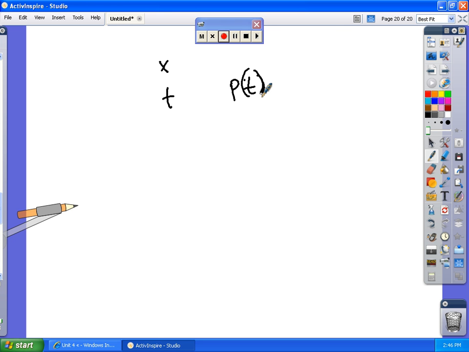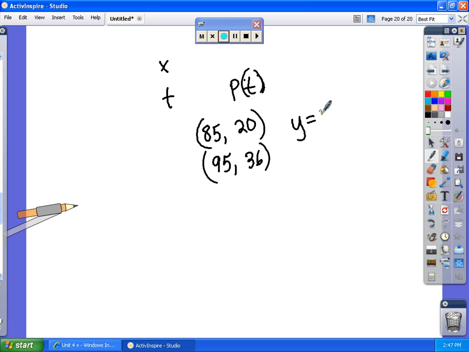So all you have to do to make an equation is take two of the points. So they give you that when it's 85 degrees, it's $20 in profit. And there's 3 of them, but you really only need to take 2. So now that I have my 2 points and I know it forms a linear equation, I'm going to put it in slope-intercept form.